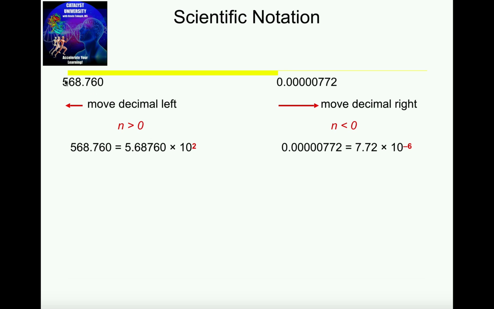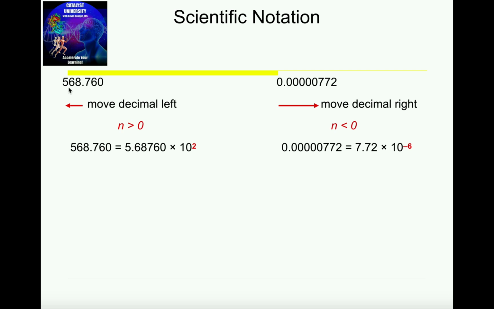All the numbers are still there. The decimal point is just moved after the 5. Now, how many places did I move it to the left? I moved it over 2 places. And so because I moved it 2 places to the left, now I have to multiply this 5.68760 times 10 to the 2 power. And that 2 power comes from the fact that I moved this decimal point 2 places to the left. All right.